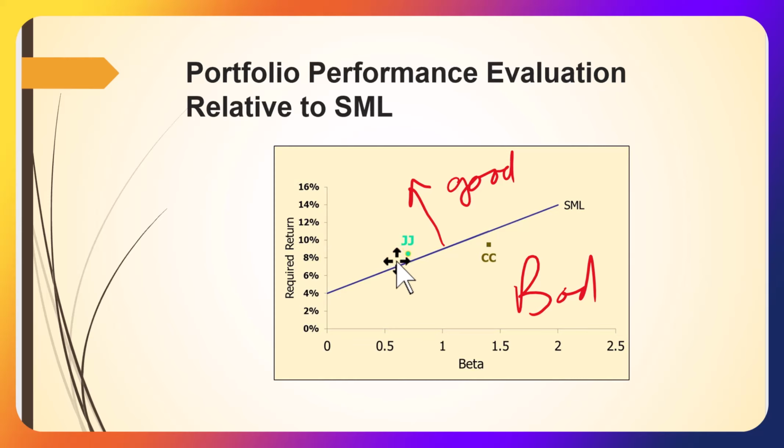And of course, you would like to get a higher return. So any investments that you have that are above the security market line are opportunities for profit. Anything below that represents those assets that are currently overvalued; the return that you're getting is too low compared to what you should be getting for investing in this asset.